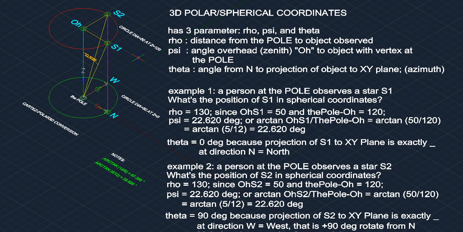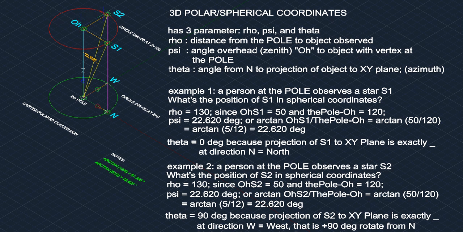Okay, we repeat. This is 3D space. We have the pole where everything is measured from, and we have three parameters for spherical coordinates: rho or r, the distance from the pole to the object, and psi, the angle from overhead to the object.